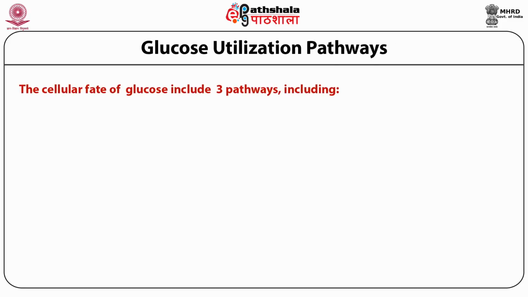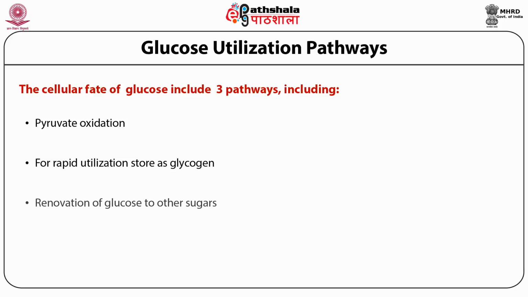Glucose utilization pathways. Pyruvate oxidation, which may undergo further oxidation in the TCA cycle. For rapid utilization, glucose is stored as the polysaccharide glycogen, or converted to other sugars and intermediates necessary for other important biosynthetic metabolic pathways.